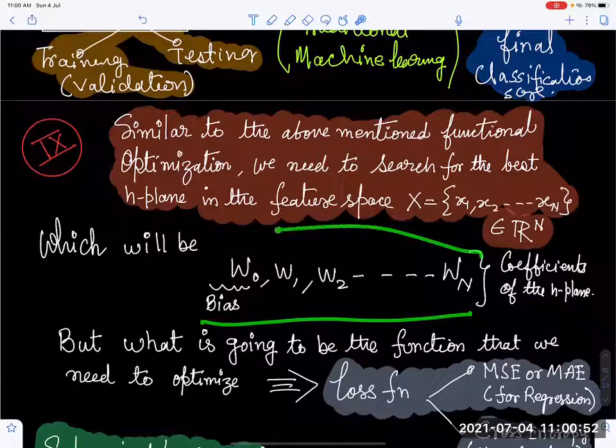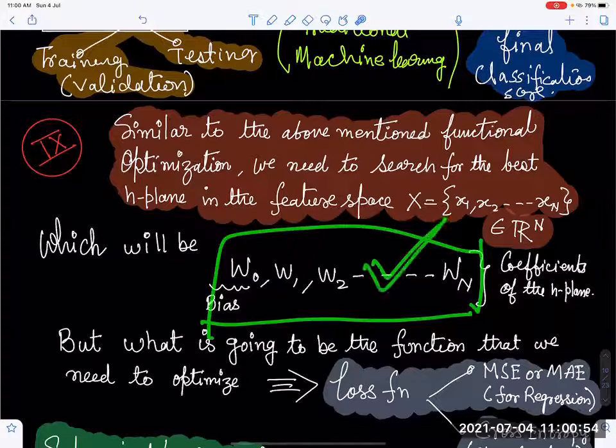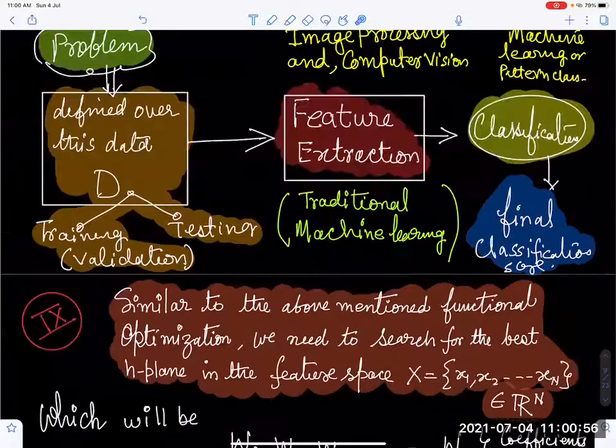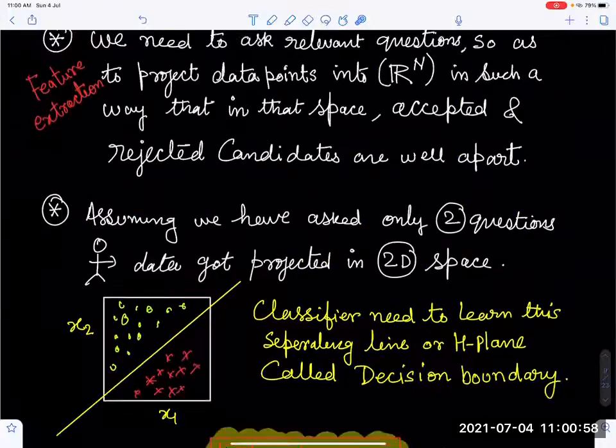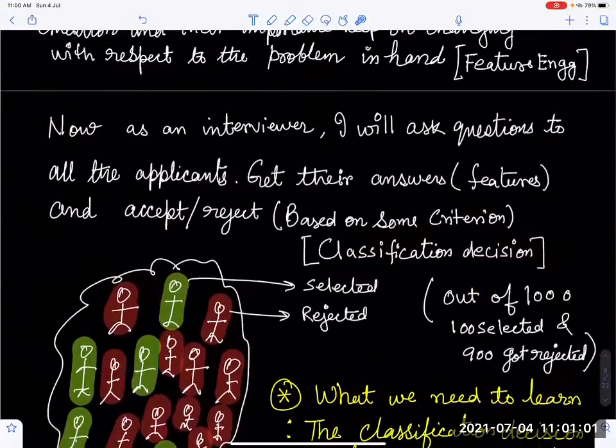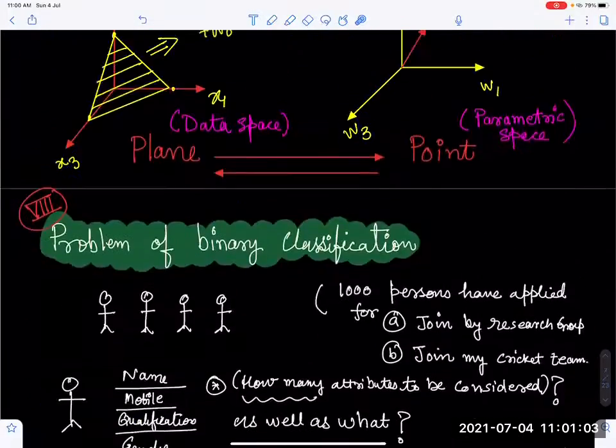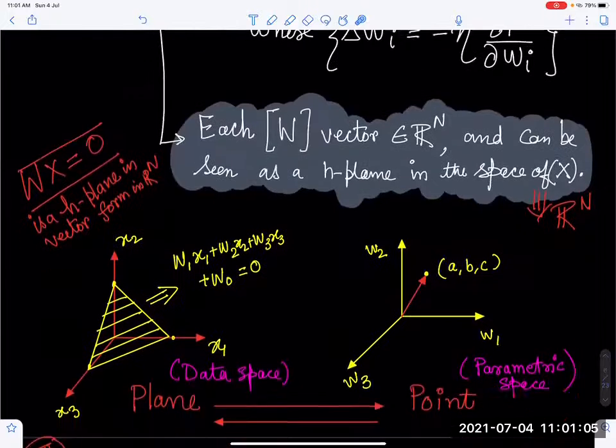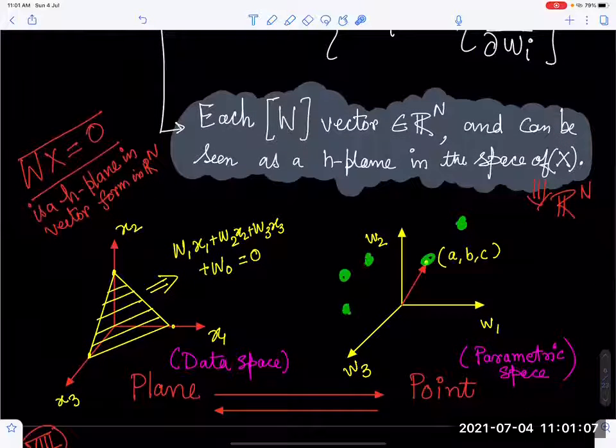Basically, we want this. And now somebody was asking how this was related here. You can see that we are searching over here. This is one hyperplane, this is another, third, fourth, fifth, sixth.